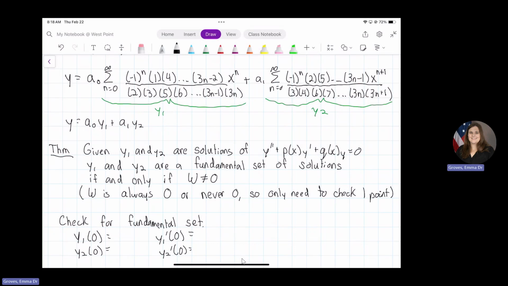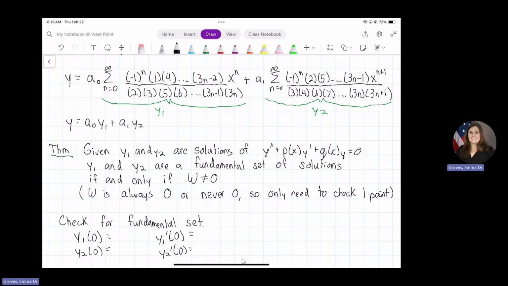So if I look at y1, any ideas what y1 of 0 is going to be? It's not defined. So for n bigger than 0, you're going to have a 0, which is going to cancel it all out, right? But at n equals 0, what does this become? 1.